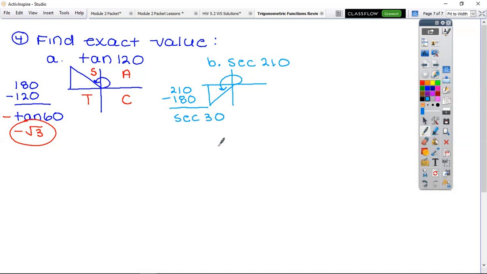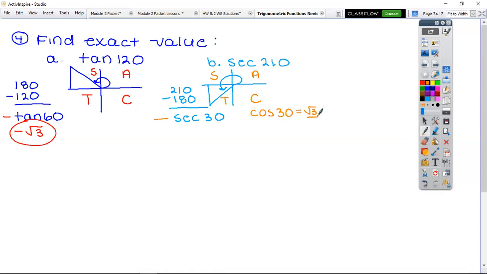Before I do that, I recall that all trig functions are positive in the first. Sine and cosecant, tan and cotan, and then cos and secant. Secant is going to pair up with cosine, so therefore it is negative. So here's what's helpful to do with those reciprocals. Secant goes with cos. So cosine of 30, you have written down, is radical 3 over 2.